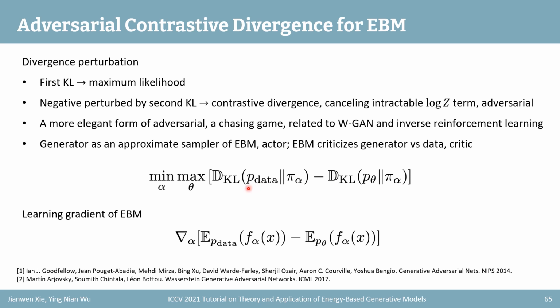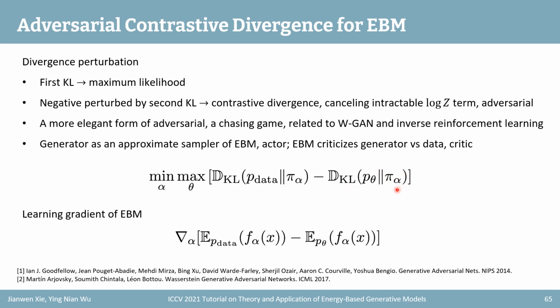So let's try to parse this formula more carefully. You can see that actually this defines a chasing game in the sense that, here, if we want to maximize this value function over theta, this first part does not involve theta, right? So that means we need to minimize the second Kullback-Leibler divergence, so that we want the perturbation to be as small as possible, or we want this P theta, the generator, to be as close to the energy-based model as possible.